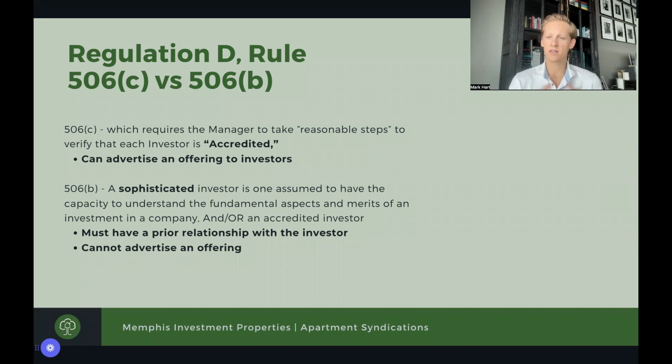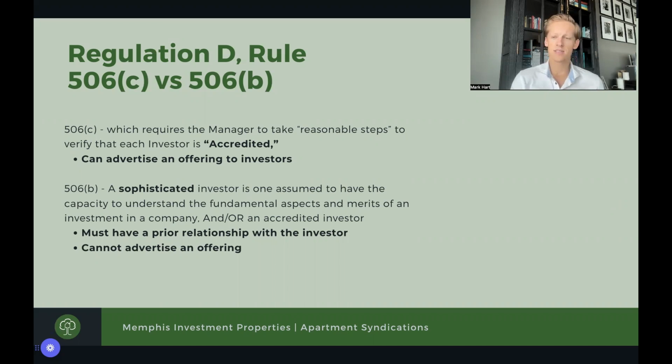So let's say you're a sophisticated investor, you don't qualify as an accredited investor, and you bought some single family turnkeys from us. That is a relationship, right? So now we can present a 506B as in boy opportunity to you, because we met based off the single families, but now we are sharing another opportunity, and you can actually invest in that deal. So that's the benefit of the 506B.